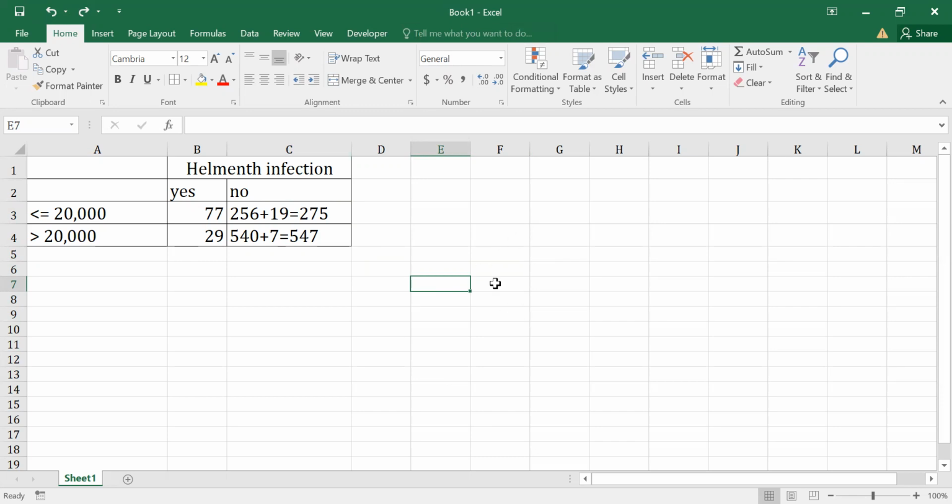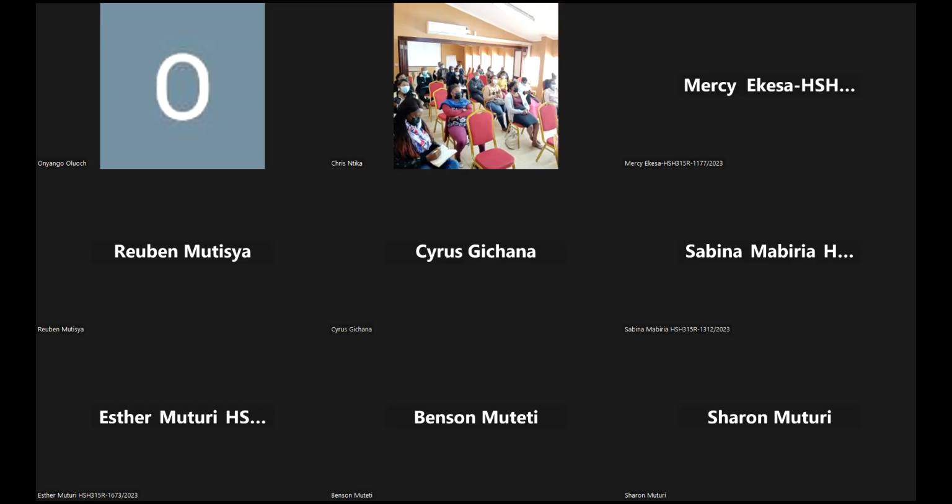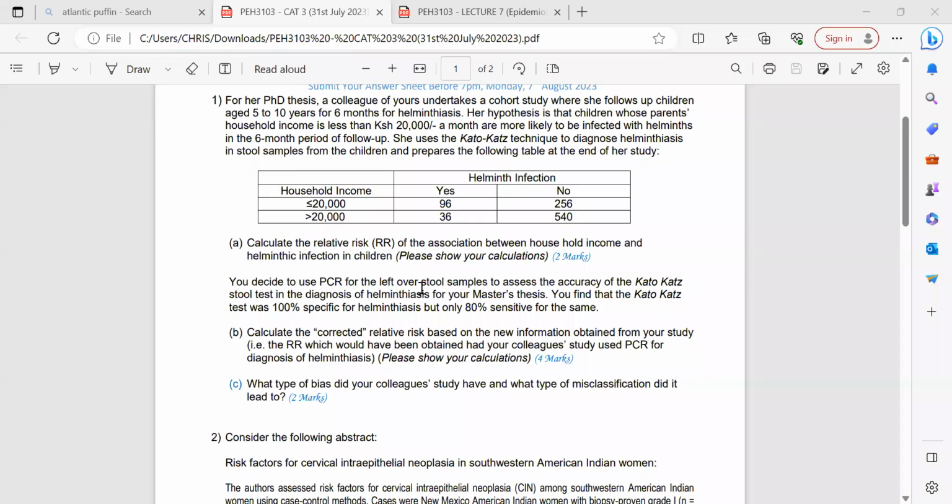So he was only trying to test the sensitivity and specificity. He used very few samples for each. He only wanted to see whether the test diagnosis was correct. So he used just a few and decided to subject them to PCR, because he was going for the remnants. He did not go for every sample. I don't think he tested every sample.